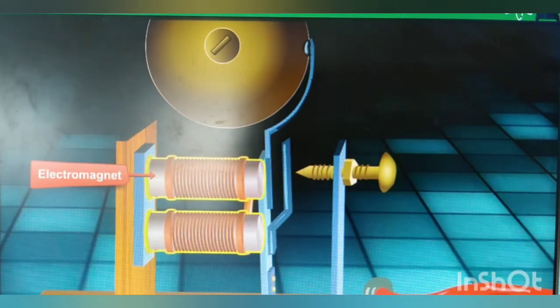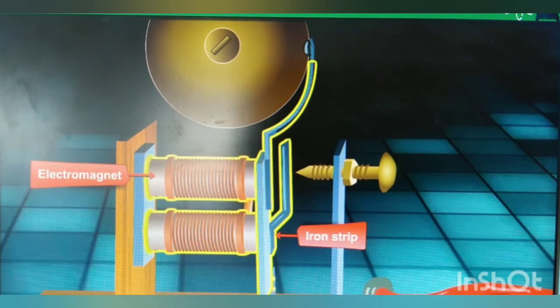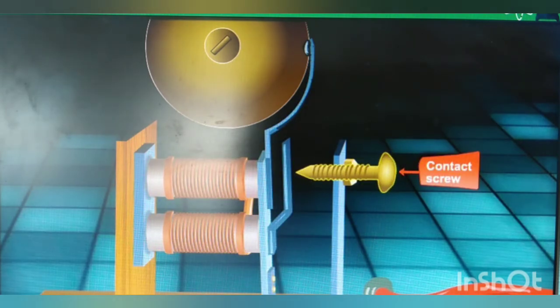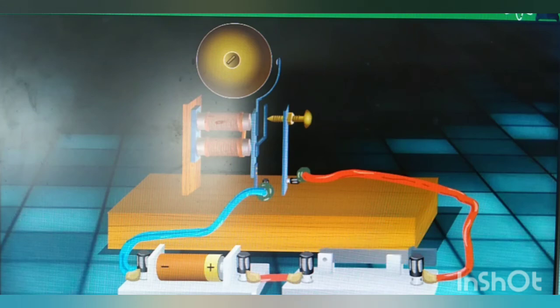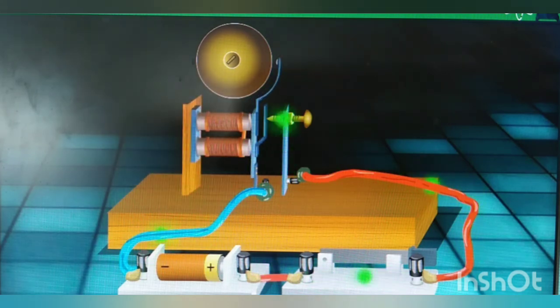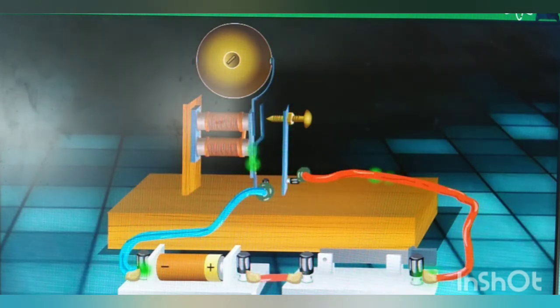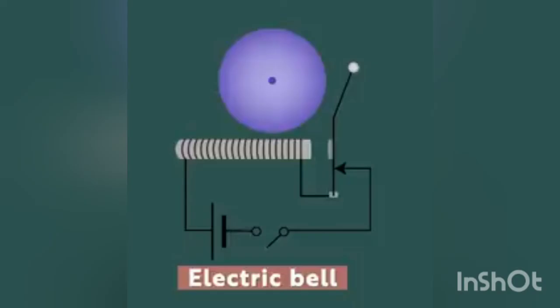In this situation, the electromagnet loses its magnetism and the iron strip moves back and comes in contact with the contact screw. The electric current is then immediately restored and again the striker hits the gong by the above process. So this action repeats itself and the bell rings.